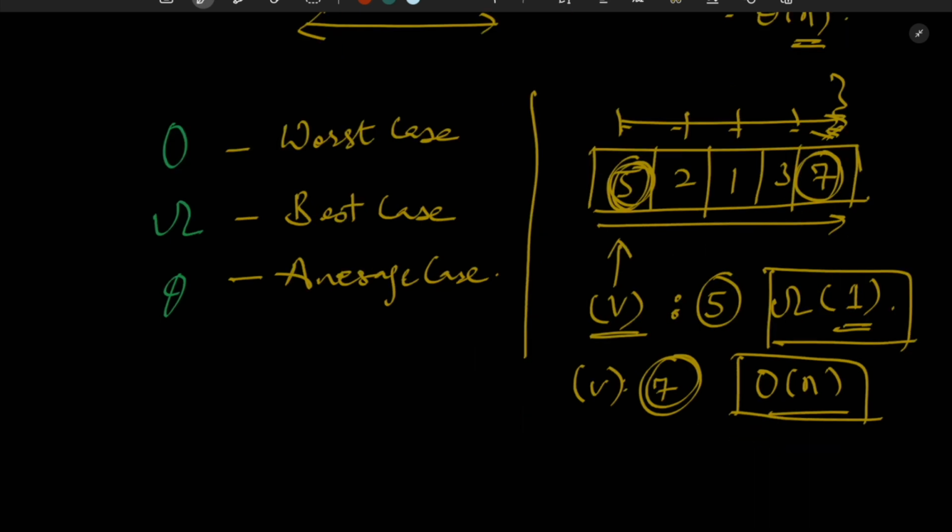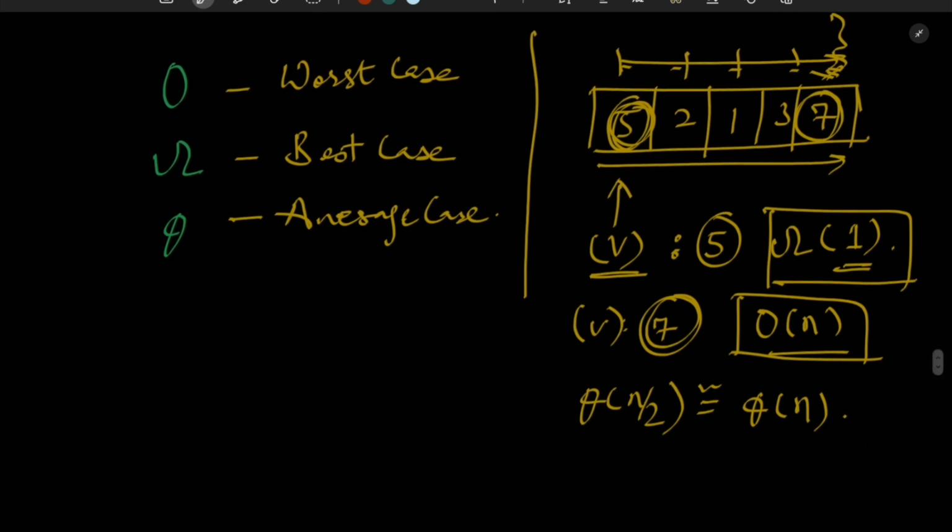What about the average case time complexity? So if you try to do a simulation and do some sort of amortized analysis, you would find out that for the case of linear search, it could be something like big theta of n by 2, which is equivalent to big theta of n. So please note that in all the asymptotic notations, we ignore the constant values.